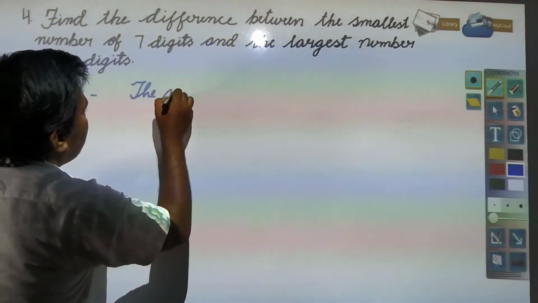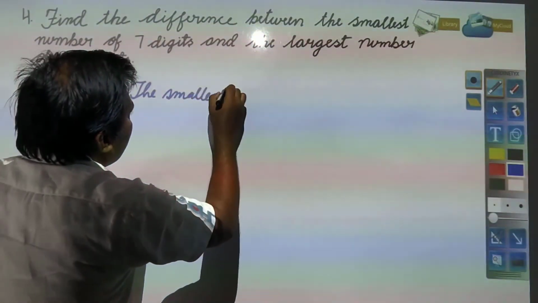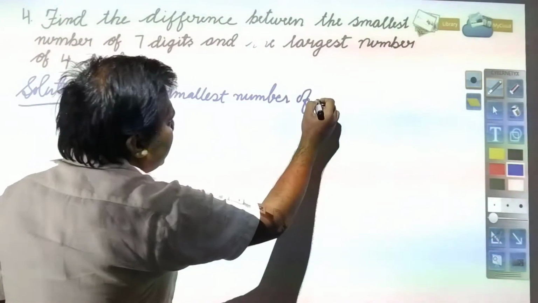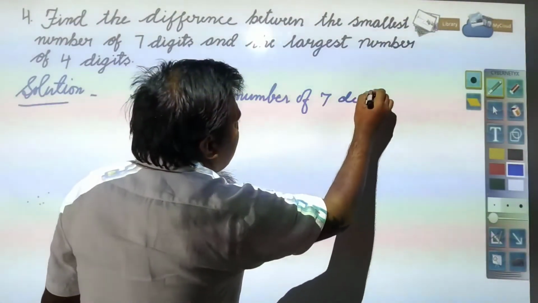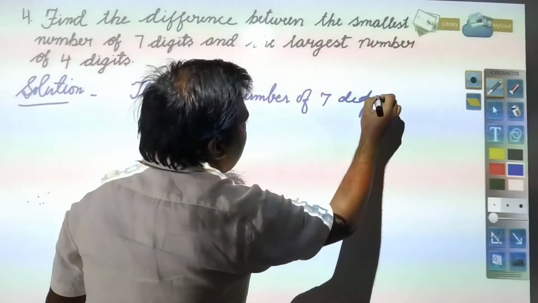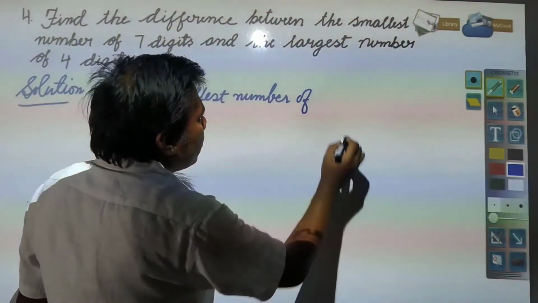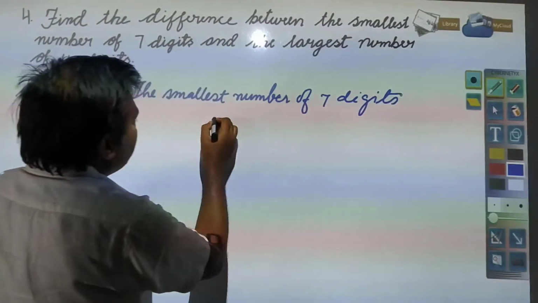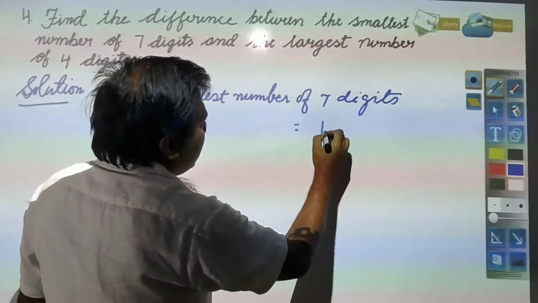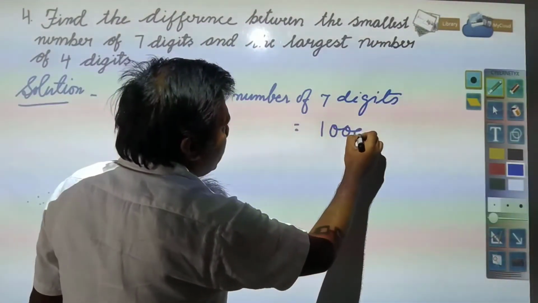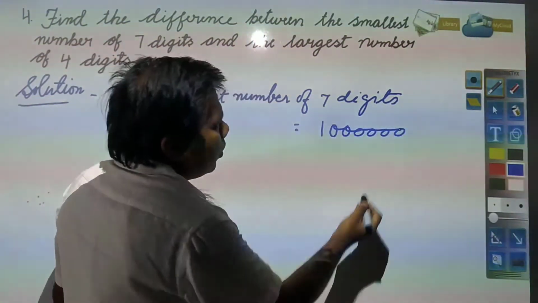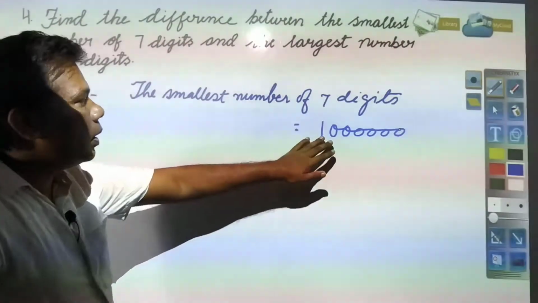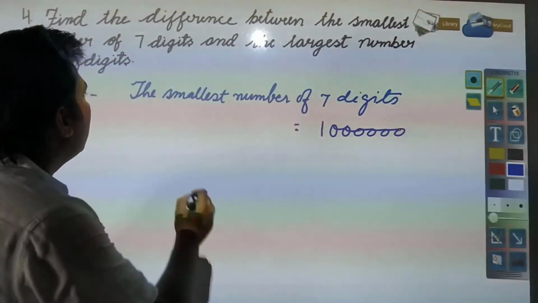The smallest number of 7 digits is equal to 1 and 6 zeros. 1, 2, 3, 4, 5, 6, 7 digit number, and that is the smallest one.